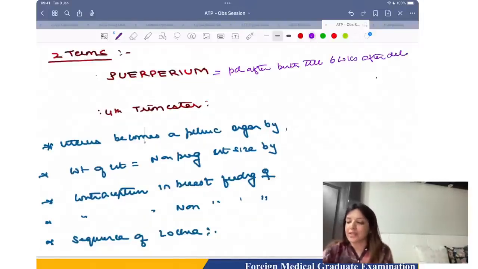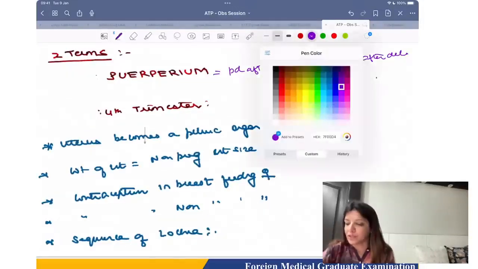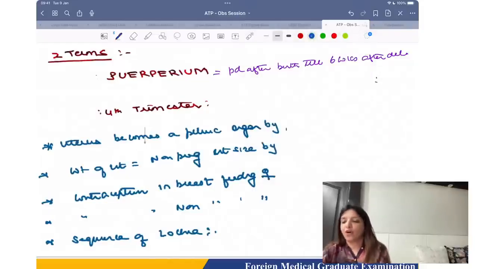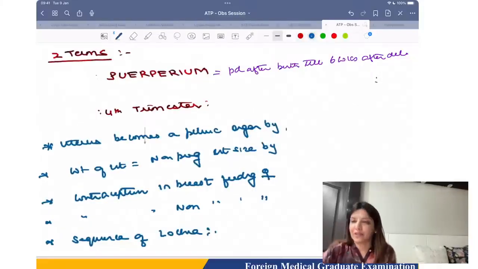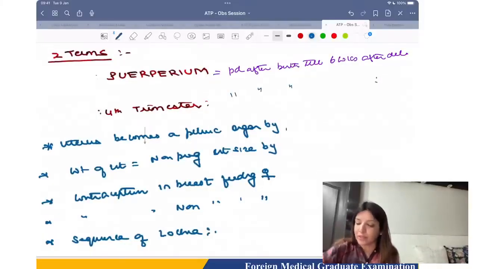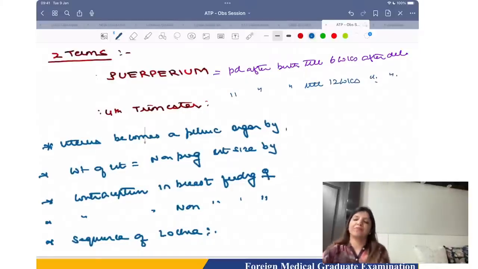Yes, this is for NEET too. And what is fourth trimester? Fourth trimester is the period after childbirth till 12 weeks after delivery. This is a new term which has recently been introduced.